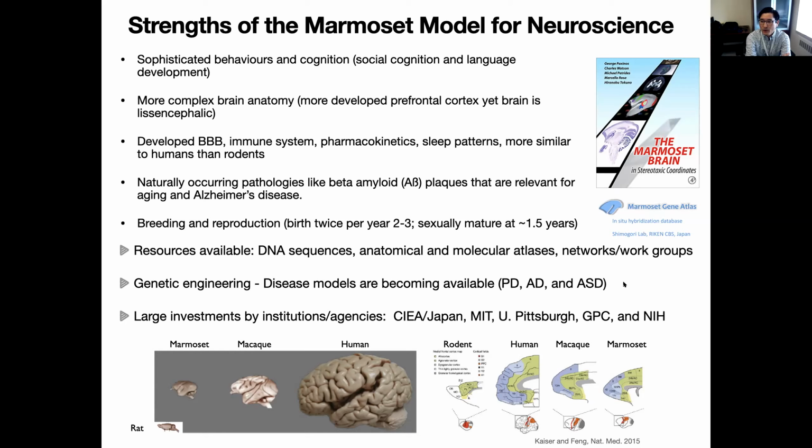MIT is also leading the way in CRISPR-Cas9 mediated genetic manipulation in the marmoset to create specific point mutations in genes related to neurodevelopmental disorders and autism. University of Pittsburgh, the German Primate Center, as well as NIH have also created genetic models in marmosets.